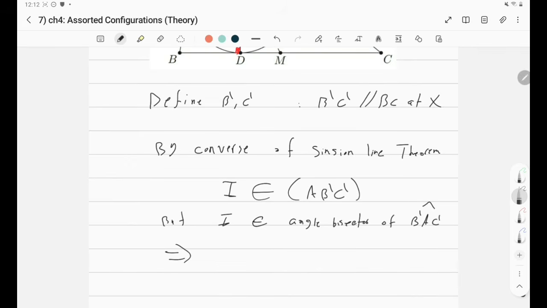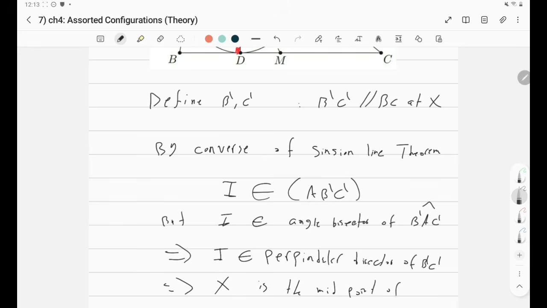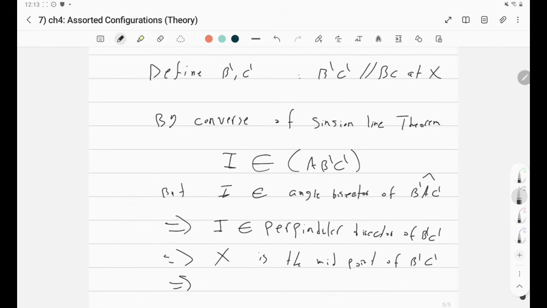From this we know that I lies on the perpendicular bisector because it's just the midpoint of the arc of B prime C prime, and hence X is the midpoint of B prime C prime, and hence M is the midpoint of BC, and we're done.